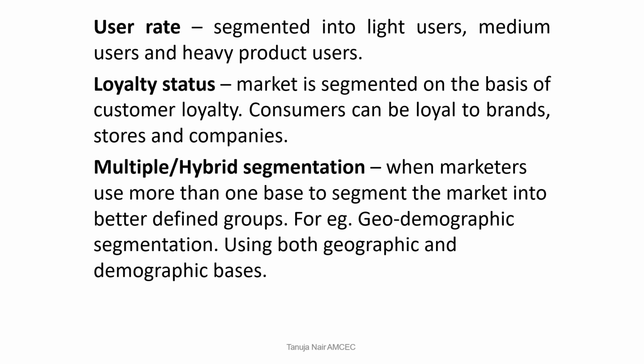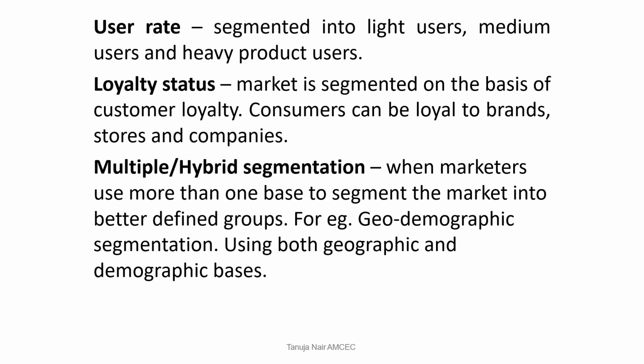Then user rate, the marketer will also try to find out whether the targeted customer is a light user, a medium user or a heavy user of his product, and segment the market based on that.